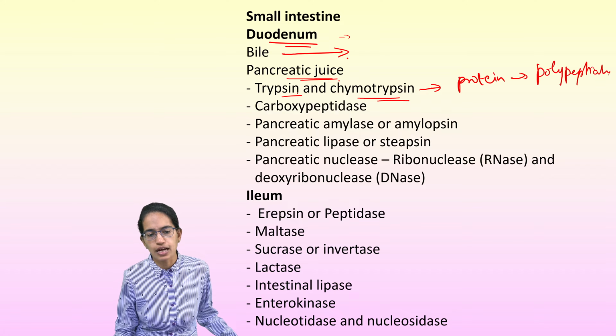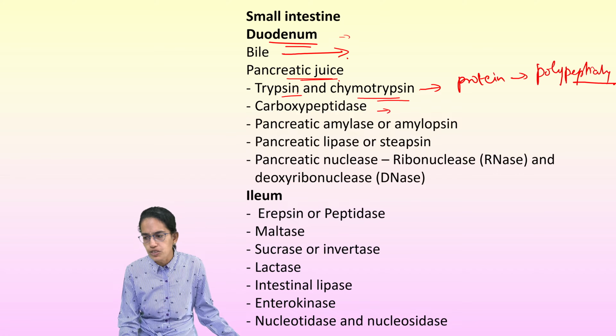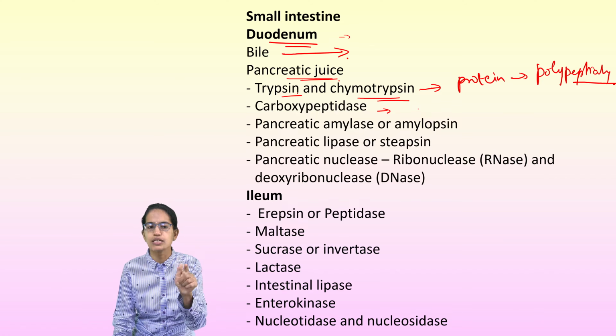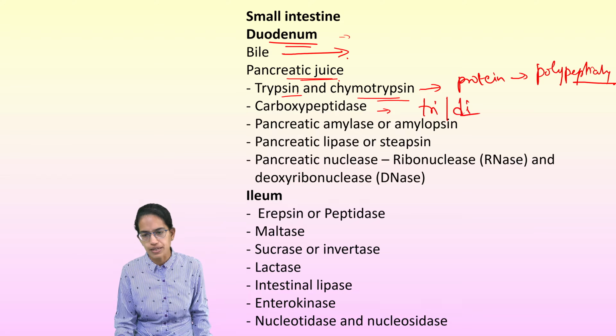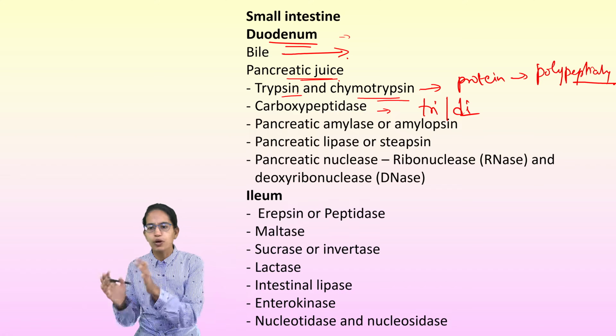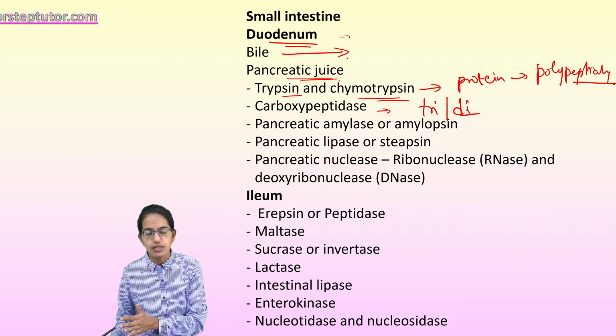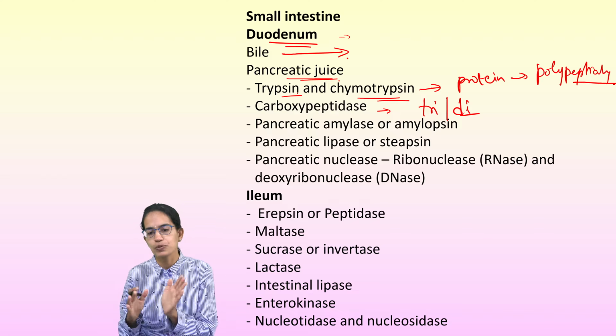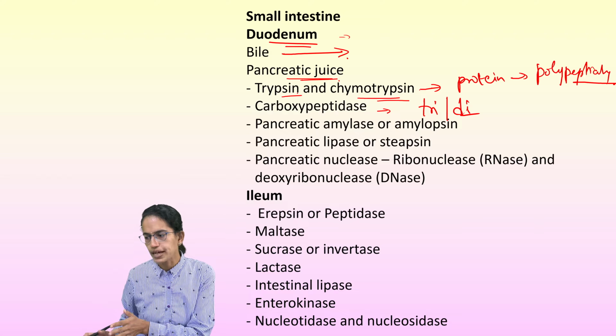The next is carboxypeptidase. Carboxypeptidase hydrolyzes polypeptide, which is generated by trypsin and chymotrypsin, into tri or dipeptide. So we are breaking protein step by step. From protein to polypeptide by trypsin and chymotrypsin. With the help of carboxypeptidase, we are breaking polypeptide into tripeptide and dipeptide.